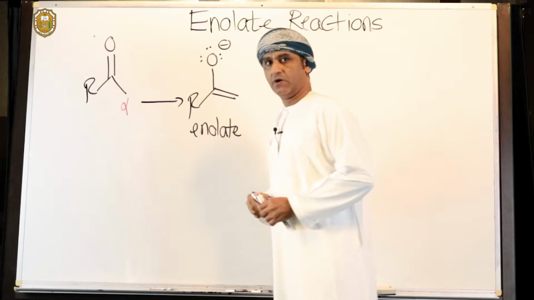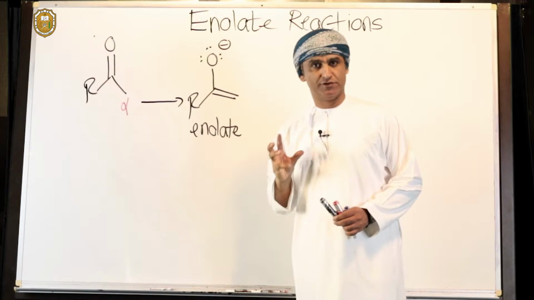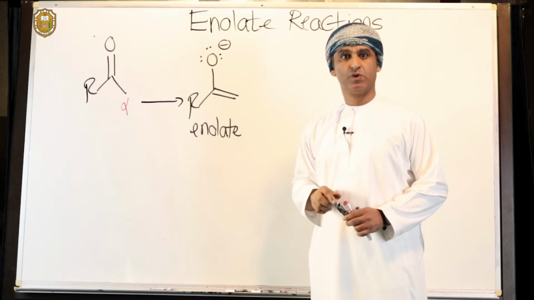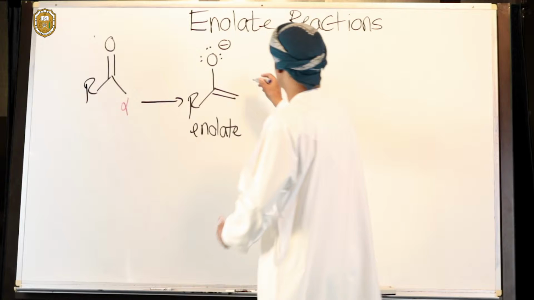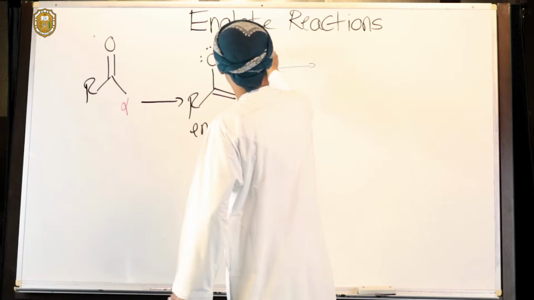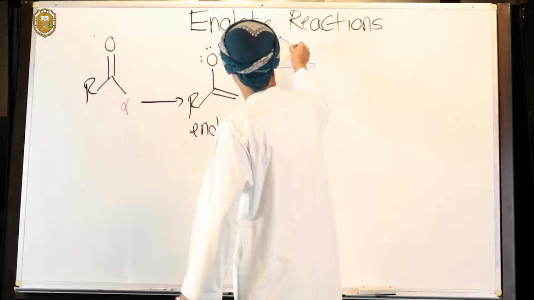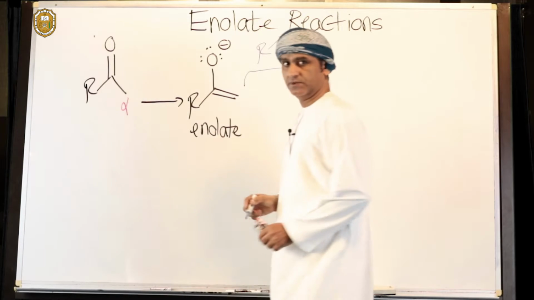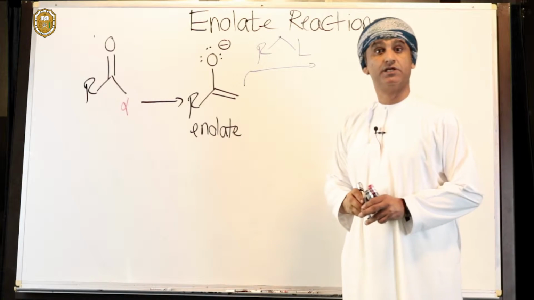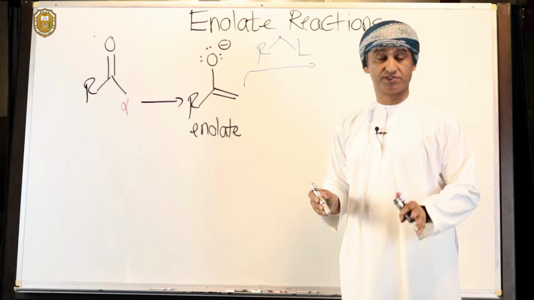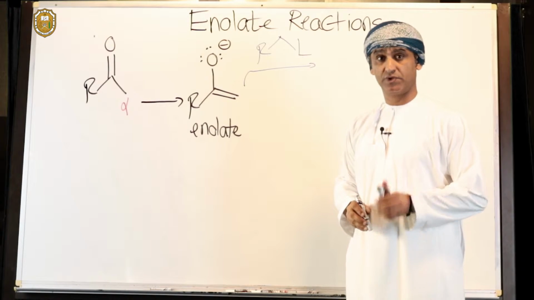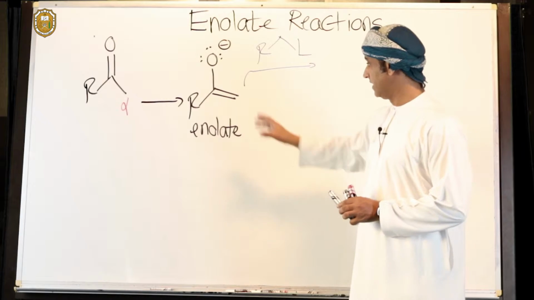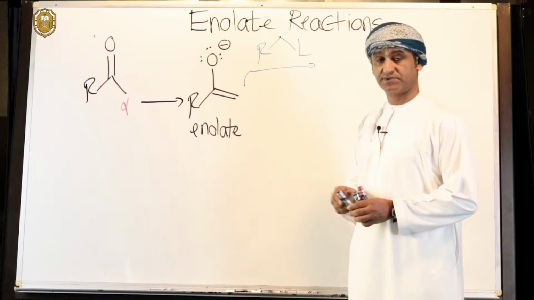So this is the enolate. Now, the enolate, being nucleophilic, can react again with all kinds of electrophiles. If the enolate reacts, for example, with an alkyl halide or a substrate with a leaving group, it doesn't have to be a halide, of course. It could be a sulfonate like a tosylate, mesylate, or triflate, then the enolate can undergo a substitution reaction.